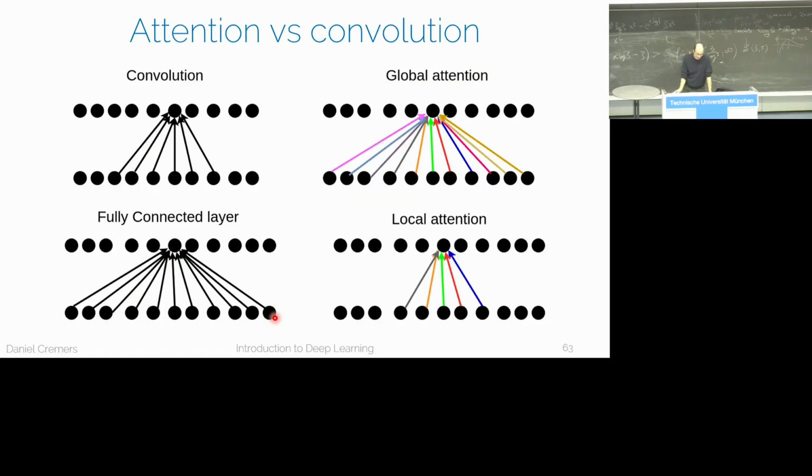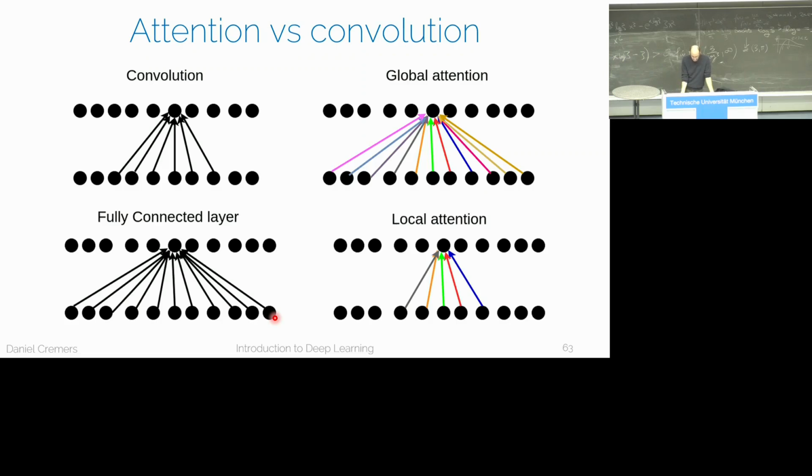And it's a little bit complicated to visualize what attention is about and how it differs from convolution. Typically, in convolutions, the input to a neuron depends, in a sliding window fashion, on the neighboring neurons in the previous layer, and you have a weight sharing, right?